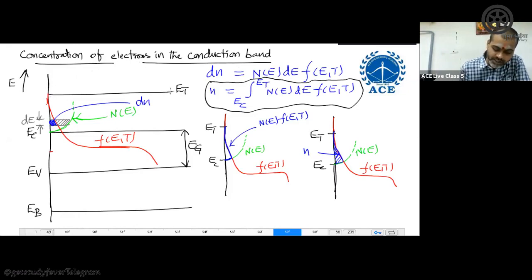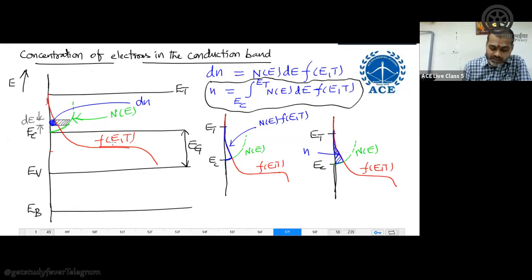If you see this, f of E comma T is becoming 0 well below ET. You can very clearly see from this that f of E comma T is becoming 0 well below it.